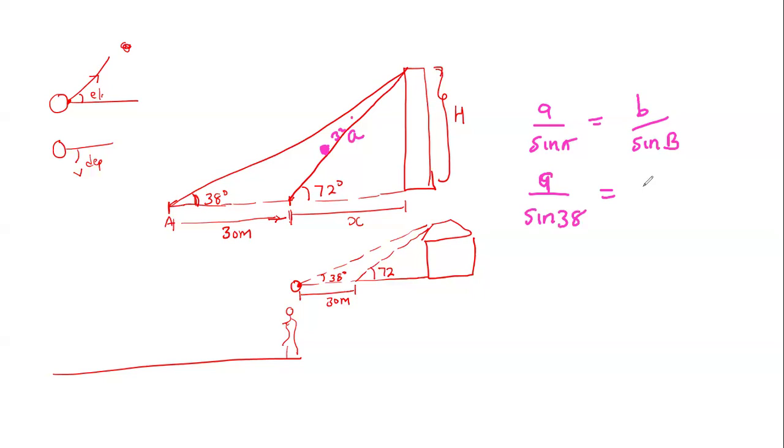Then it was 30 meters. Your B was 30. Yes. Then the angle? The angle was 34. Because I got it from the interior angle sum. Okay, this is 34, correct?